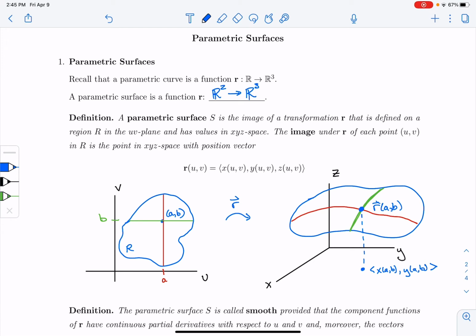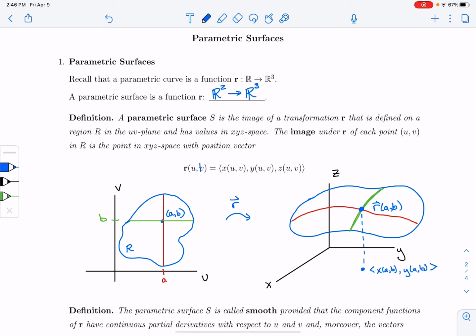I've drawn two of them for you. I've drawn a parametric curve where u is equal to a. So for example, if I let u equal a, then what I have here is r of a, v, and v is my variable, and so what I have is a parametric curve, the red parametric curve, as I change v.